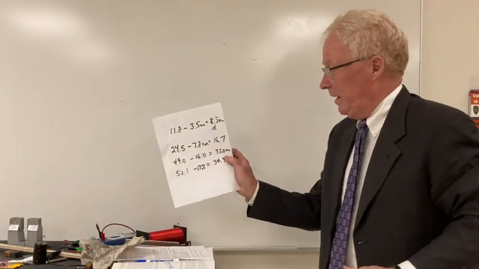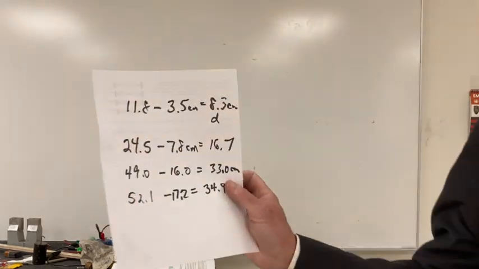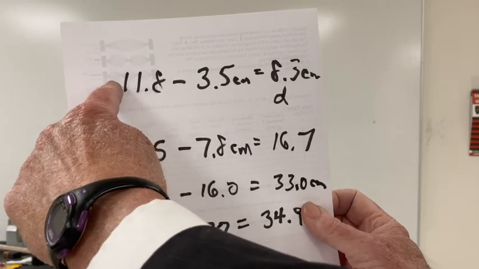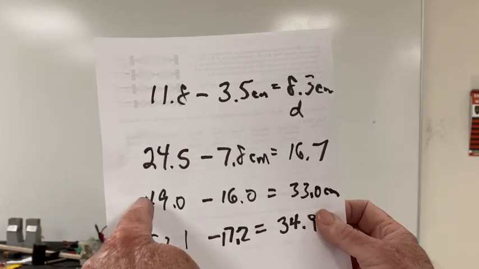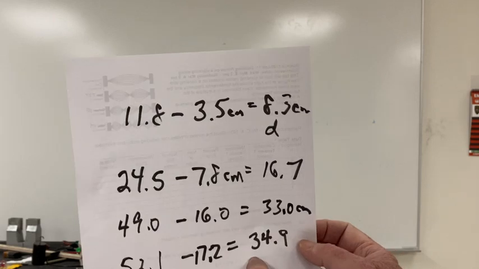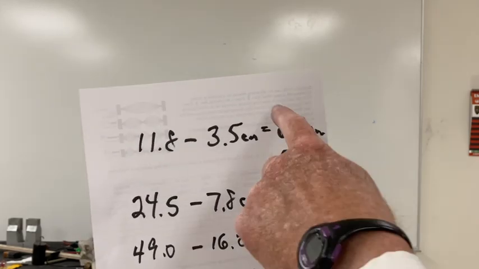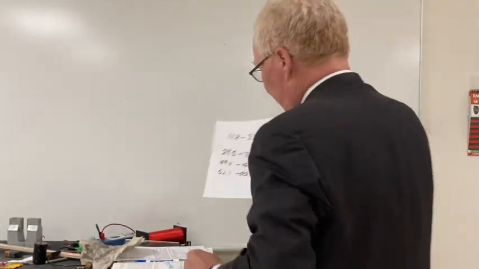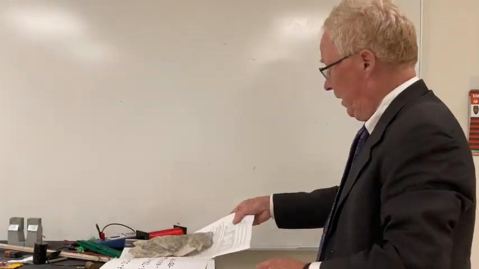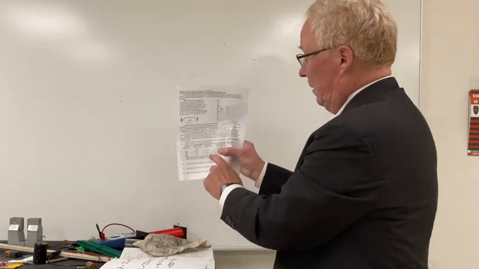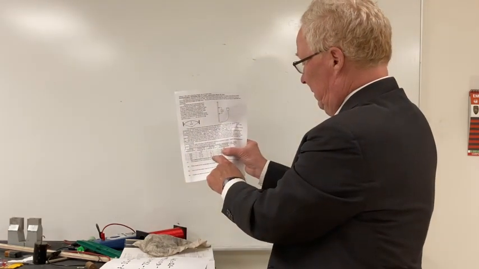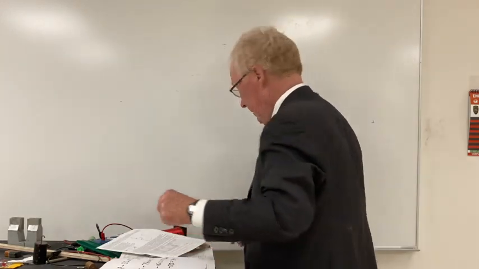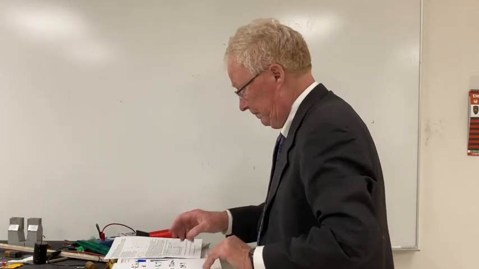We've now taken our data, all right? These are our sound tube measurements for the 2048, 1024, 512, and 480. So that's our measured D in this case. So that is what goes into column 2 of your sheet, the measured D. And then we want to calculate, so I'll do an example with you here.